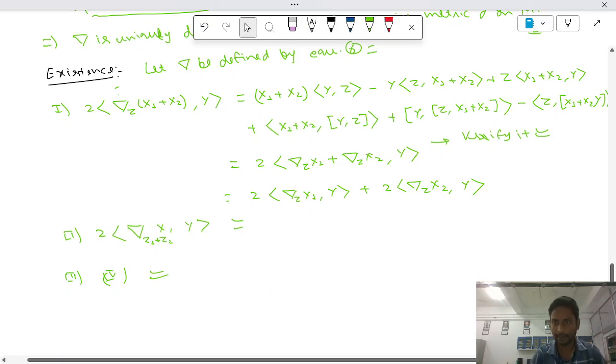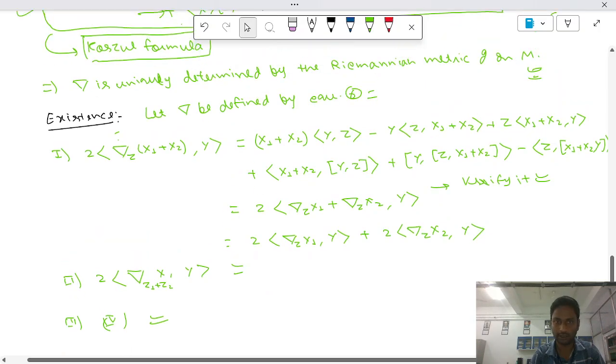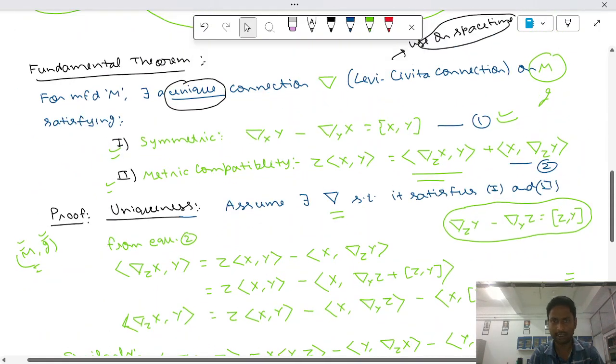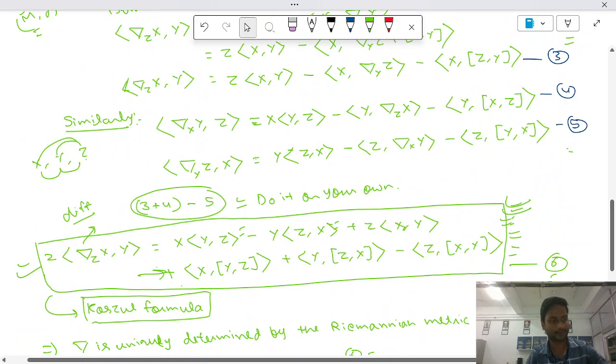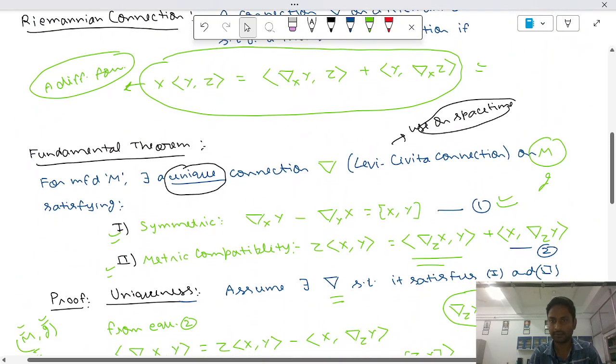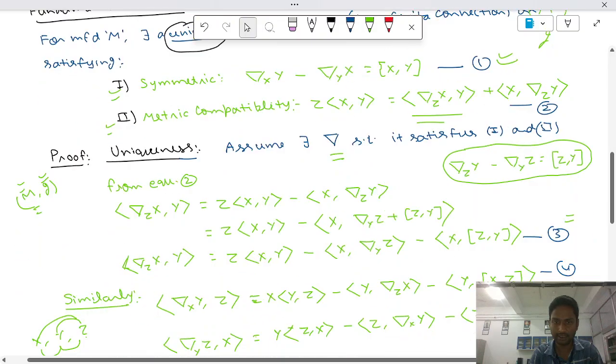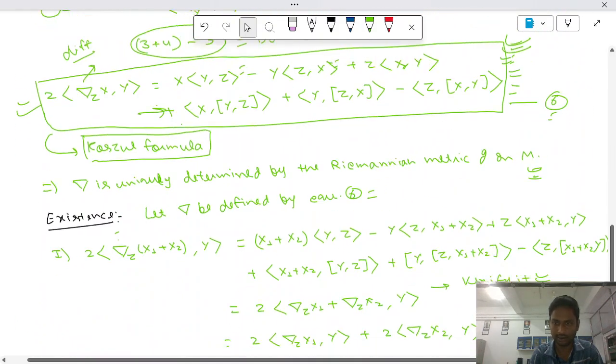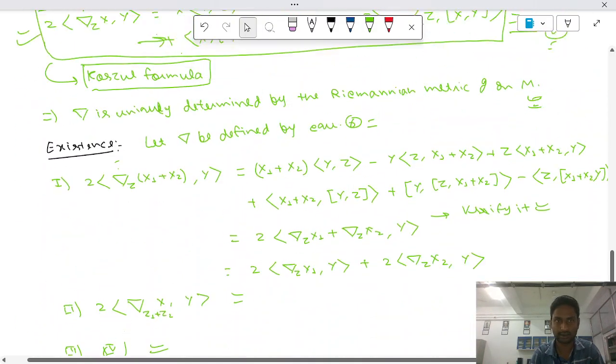Please do that. In case you have any problem, let me know and I will do it myself. Up to here, it is quite simple. The proof is a long calculation, but it's not that difficult.